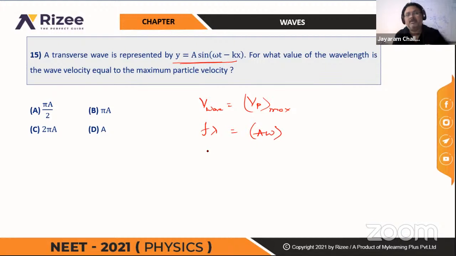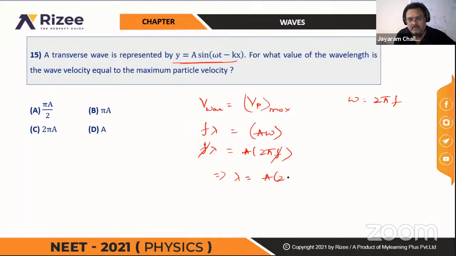So replace the omega here: f into lambda is equal to a into 2 pi f. Frequency on either side cancels, then wavelength lambda is equal to a into 2 pi. So that comes out to be your option C.